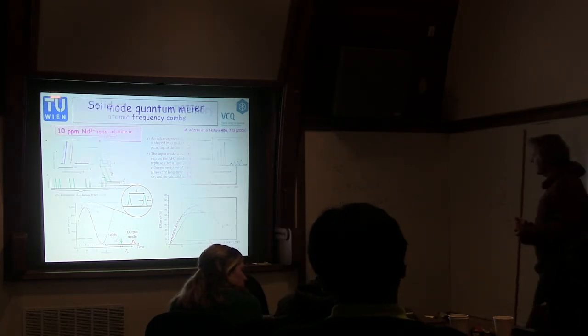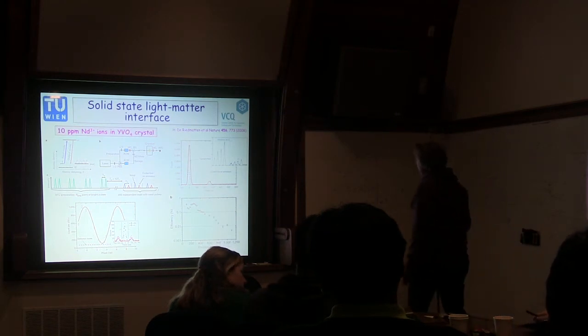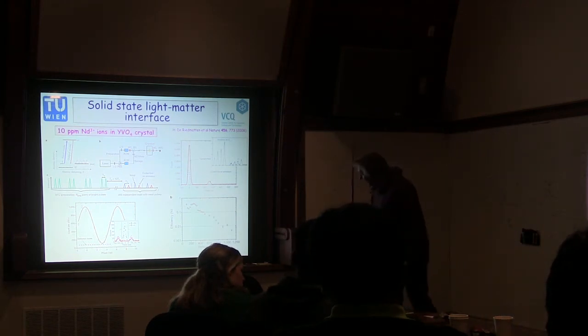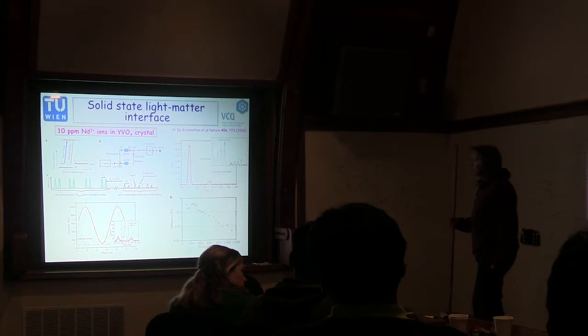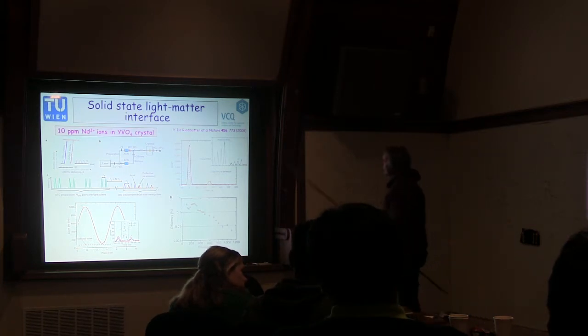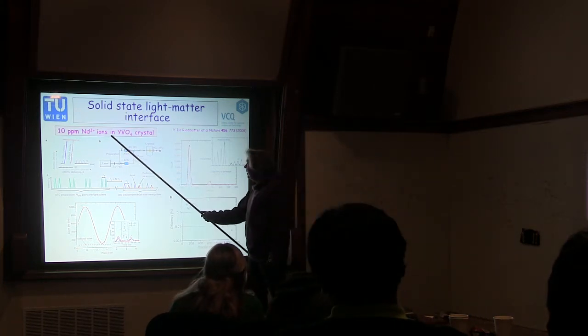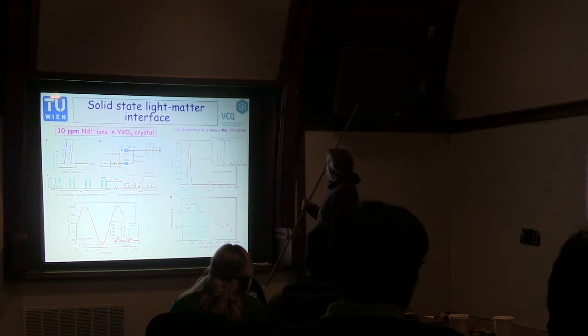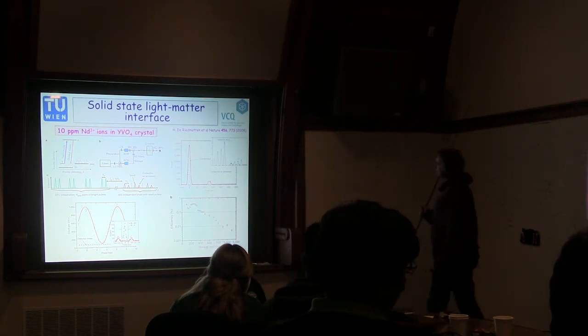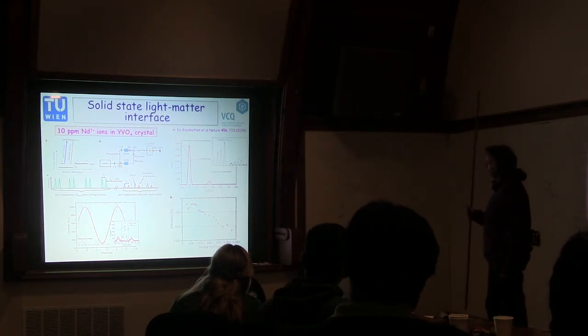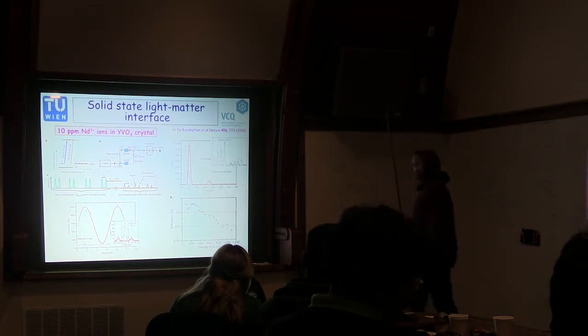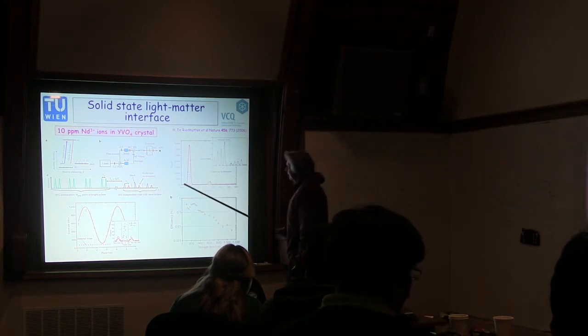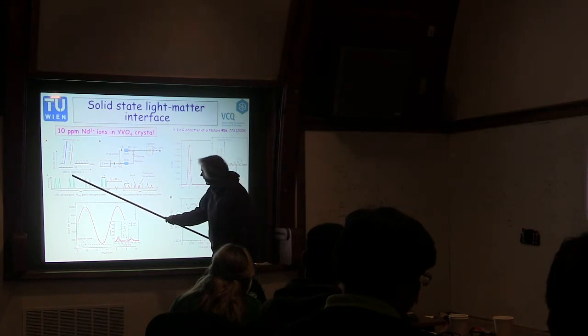Nevertheless, Nicolas Gisin and also the group in Calgary of Wolfgang Tittel managed to do it. There are many crystals. One example is neodymium ions in a YVO4 crystal, an yttrium vanadate crystal.